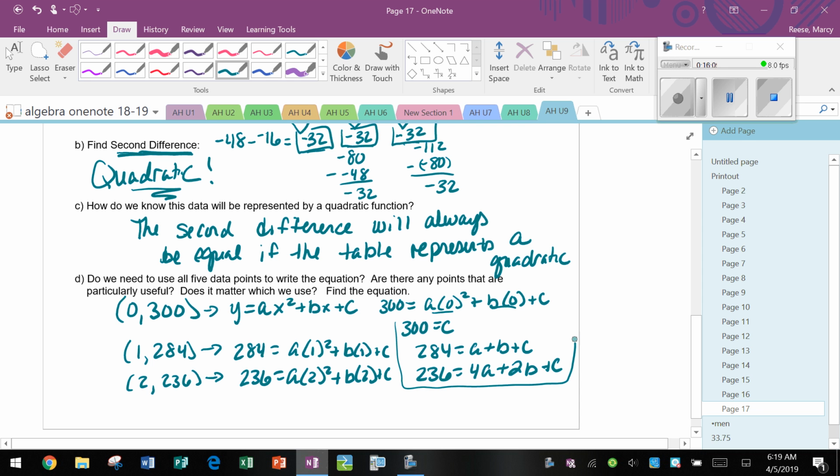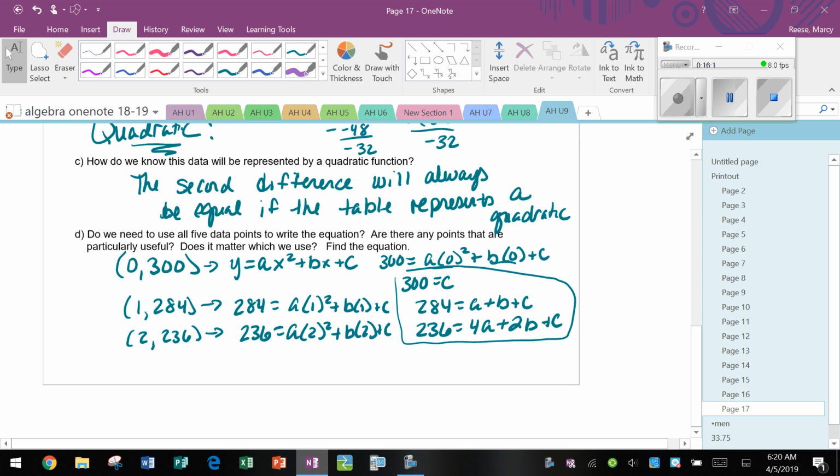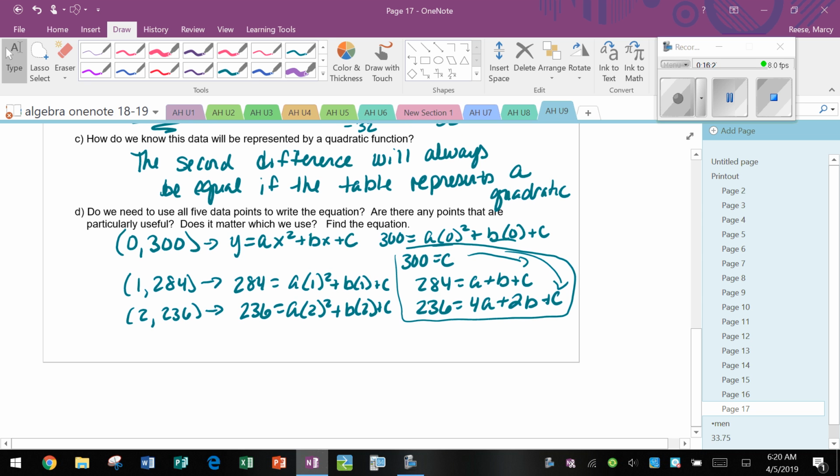And there's your 3 equations in which you are going to, again, do a systems of equations. Put the c in for each of these, probably what I would do, and then have a system, and you're just going to end up with the a and the b that you need to find. And then you use your calculator to check.